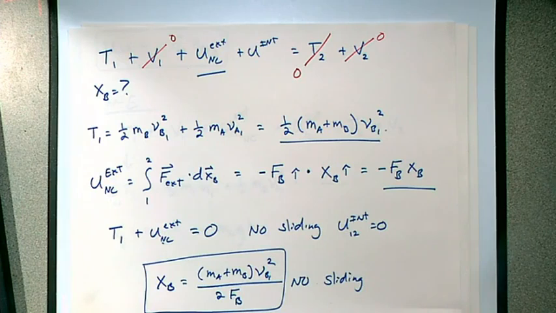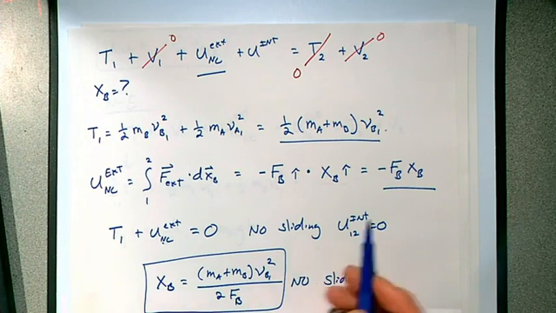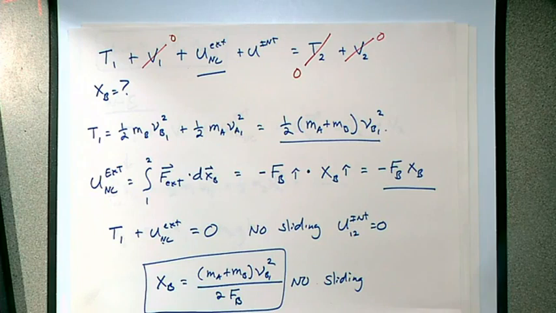So my T1 is half the mass of A plus the mass of B times the initial velocity squared, plus our work, minus our braking force, our external work, times how far the truck has gone, and our frictional part, minus F_AB times x of A relative to B, equal to 0.